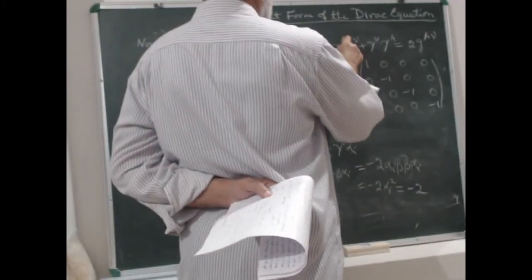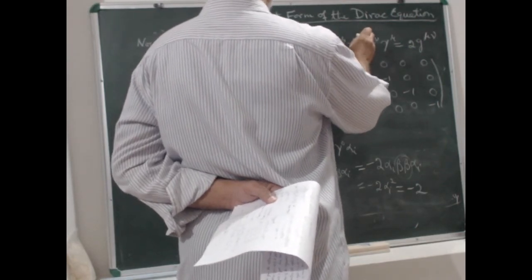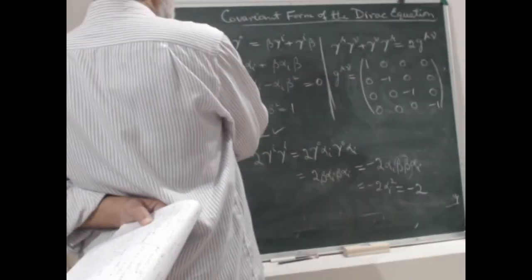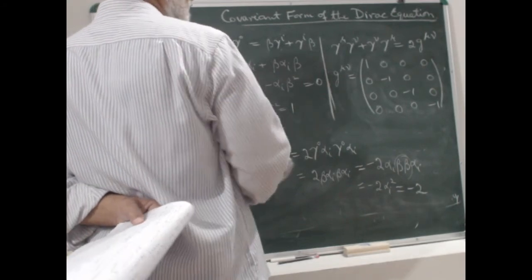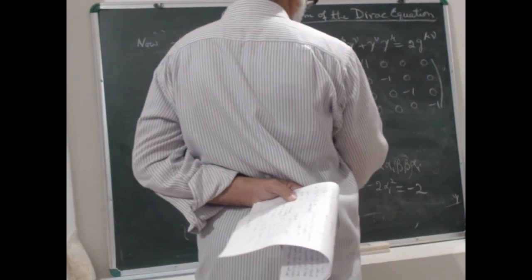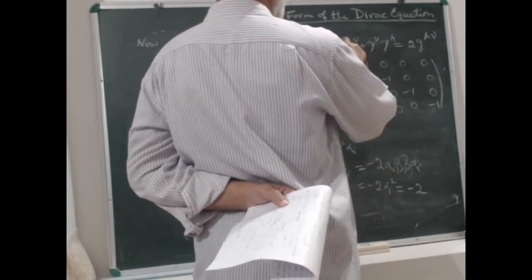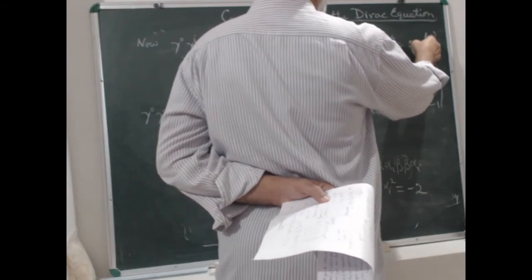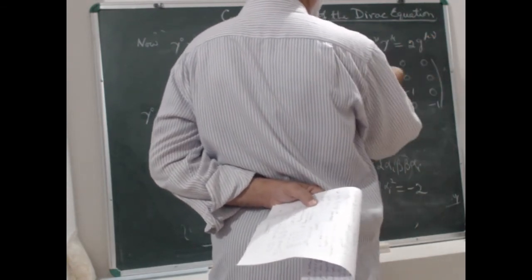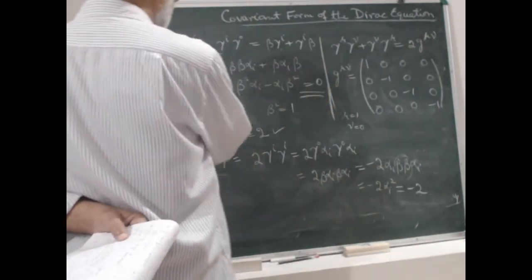Now if you take mu as 1 and nu as 0, or mu as 0 and nu as I, g 1 0 or g 0 1 has value 0, so this term will be 0, and you get 0 here.